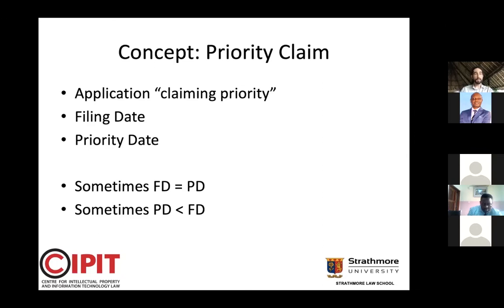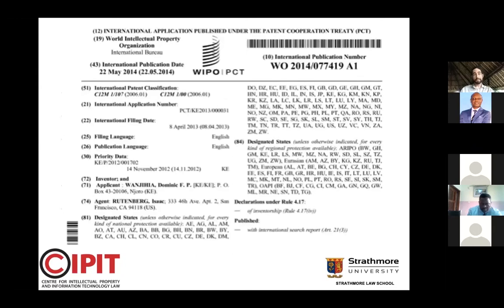So prior art always means earlier than your priority date, the date of the priority claim or the application to which you're claiming priority. Okay, so back to this application here, the priority date is 2012 because that was the application we filed in Kenya, and we're claiming priority to that application. That means that prior art has to be before November of 2012.